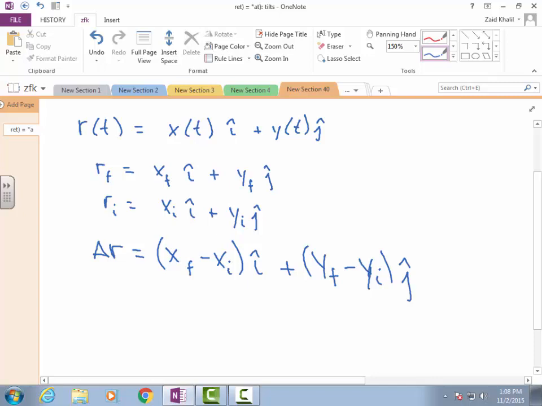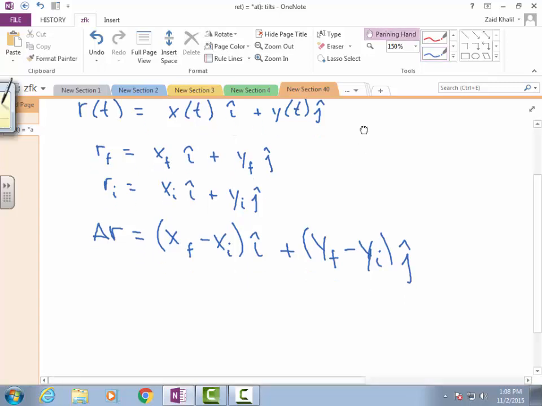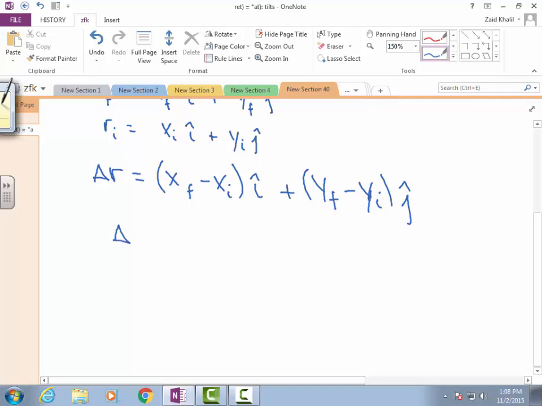What does that mean? Everything that happens in the y direction stays in the y direction. Whatever happens in the x direction stays in the x direction. And you better thank your lucky stars for it, because if it didn't, life would be a hell of a lot harder. So delta r is then going to be delta x i hat plus delta y j hat.